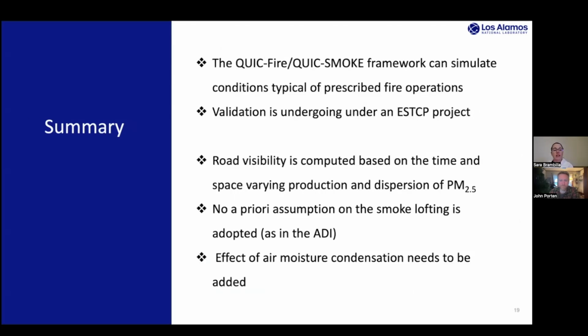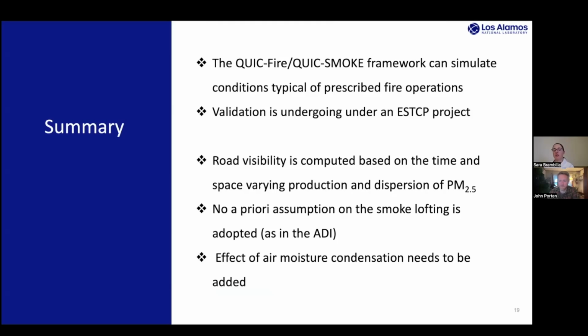So in conclusion, we have developed this framework to simulate the conditions typical of prescribed fire operations. We're doing validation. It's underway under a DoD-funded ESTCP project. We're actually going to go and validate this visibility piece soon. We really want to get to road visibility because we feel like it's something that affects people and is not talked about much.